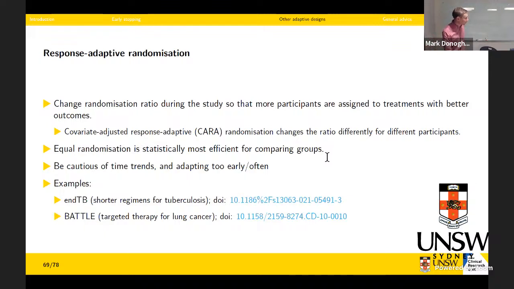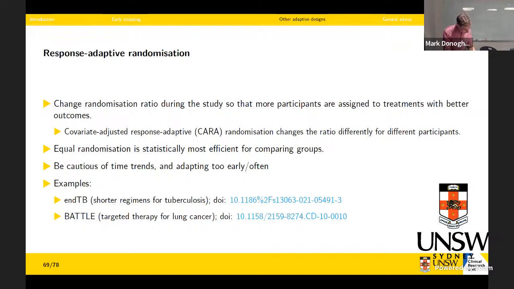And you also need to be careful about time trends and adapting this randomization ratio too early or too often. So if you remember back to our simulated studies, they could be quite volatile early on. And if you're adapting your randomization ratios too early, your results might be too sensitive to those early fluctuations.